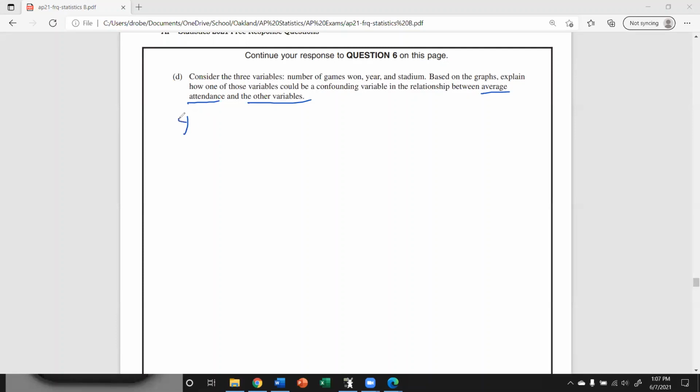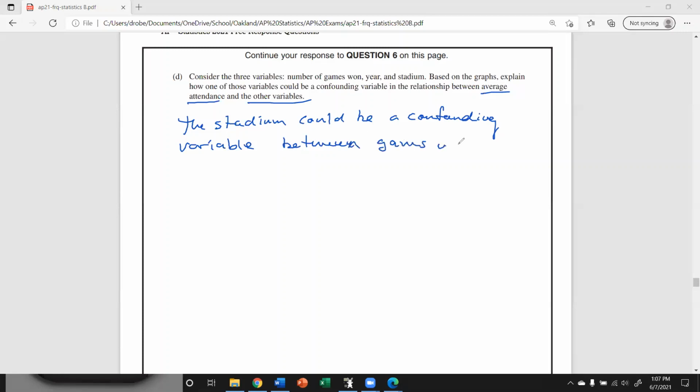All right. So the stadium could be the confounding variable between games won and average attendance. So it's basically saying which one of these could be the confounding variable.